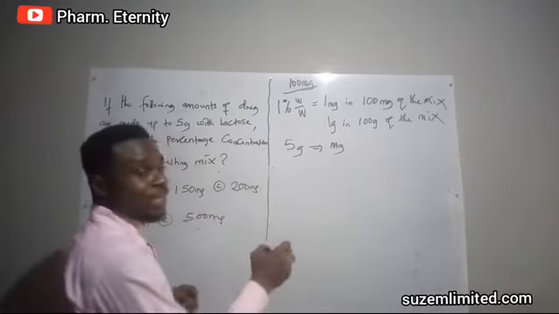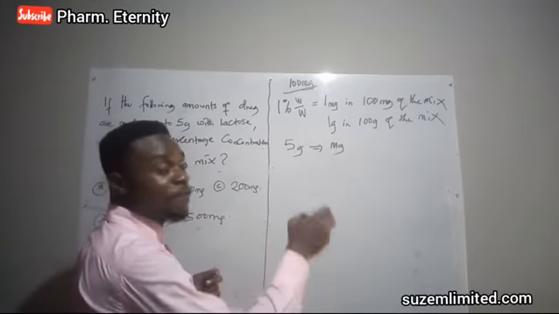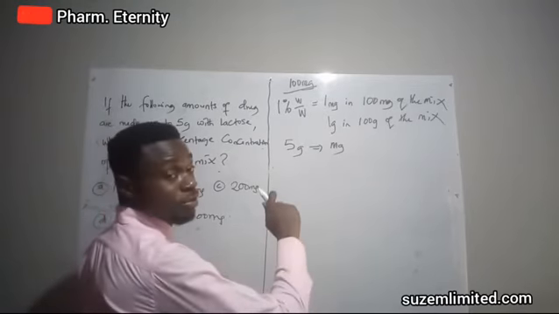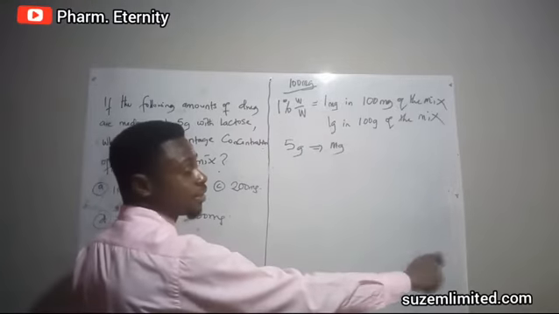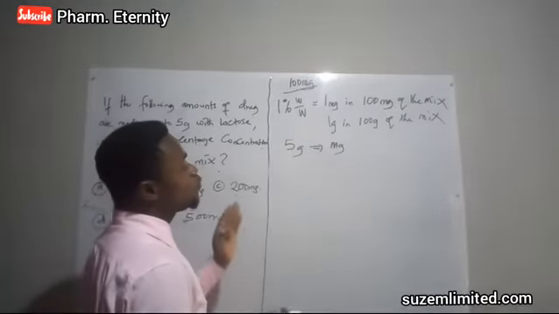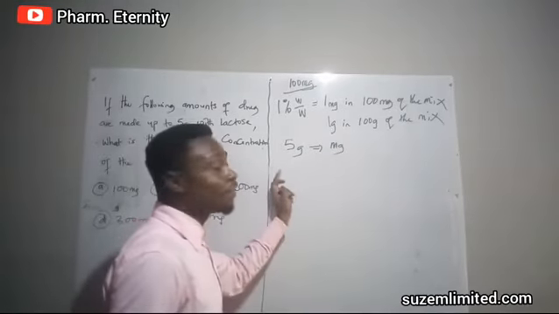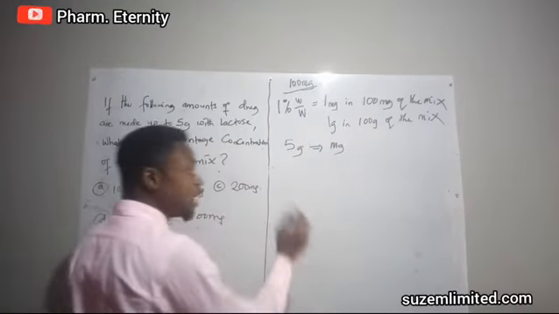So the direction of the decimal movement will be to the right. There will be a three decimal movement to the right to convert 5 grams to milligrams.